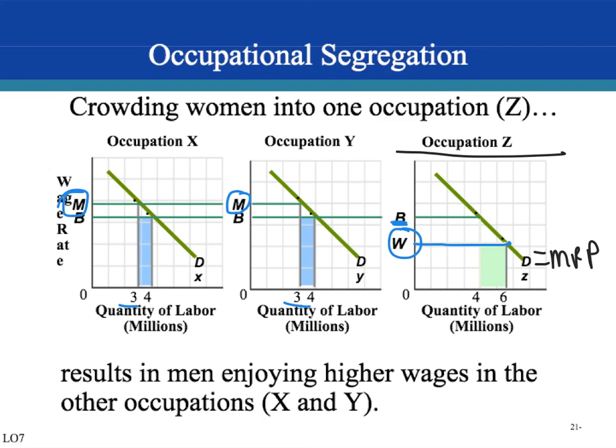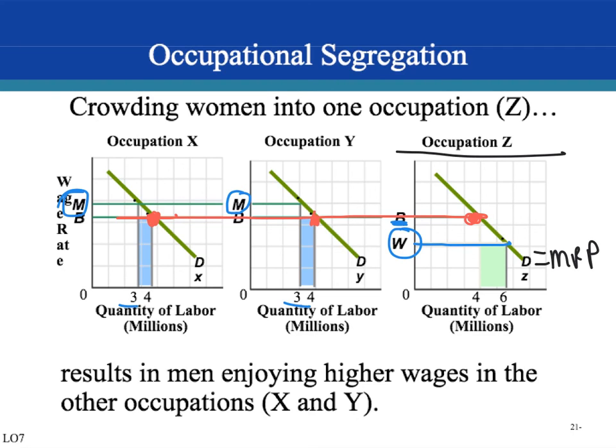If there was no occupational segregation, if it was ended, then in each of these occupations the wage would be the same and the marginal revenue product would be maximized.